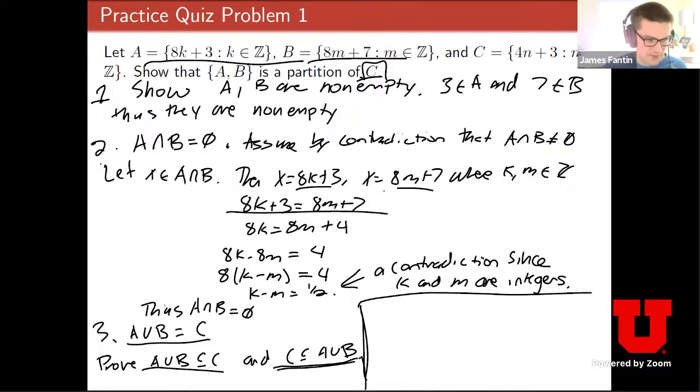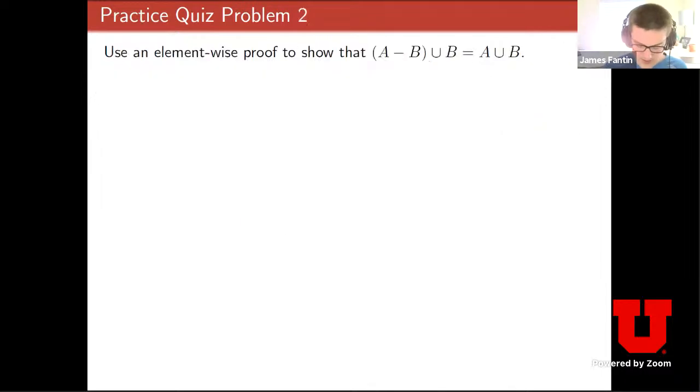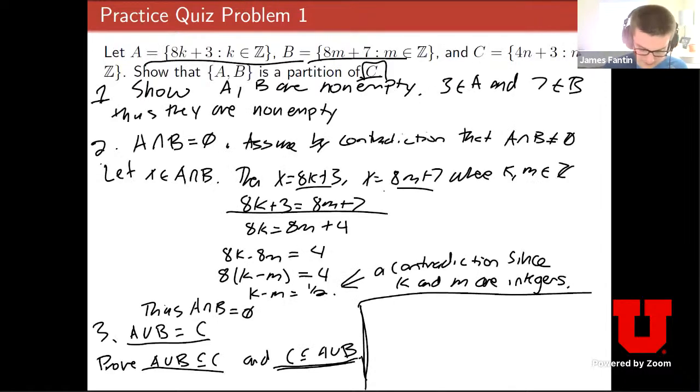Yes, we do have to prove both, and I'll explain why. Let's say we're partitioning a set 1, 2, 3, and A is equal to the set containing 1, and B is the set containing 2.